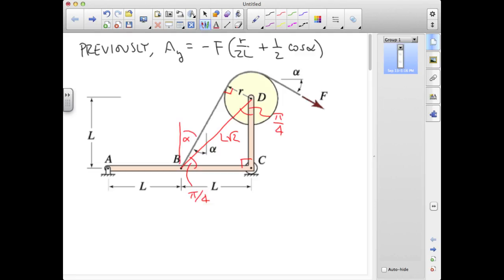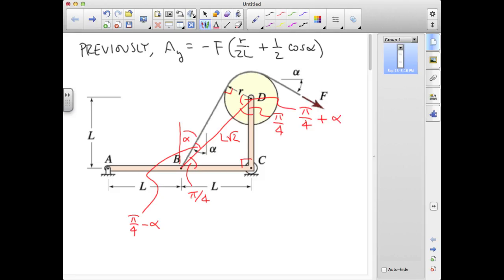Because this angle is alpha, this angle is pi over 4 minus alpha, and this angle is pi over 4 plus alpha.